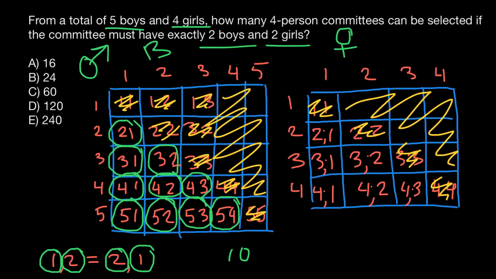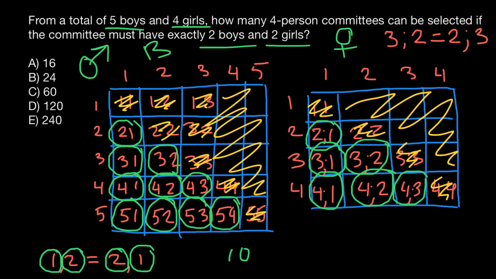For example, the combination 3 and 2 is the same as 2 and 3. So we have 1, 2, 3, 4, 5, 6 such combinations of girls.